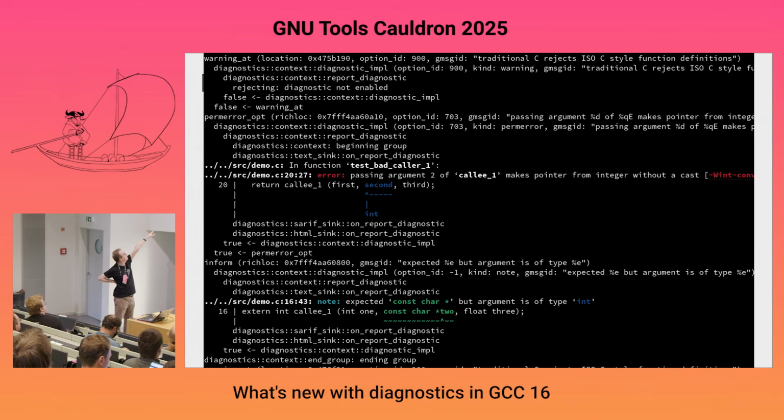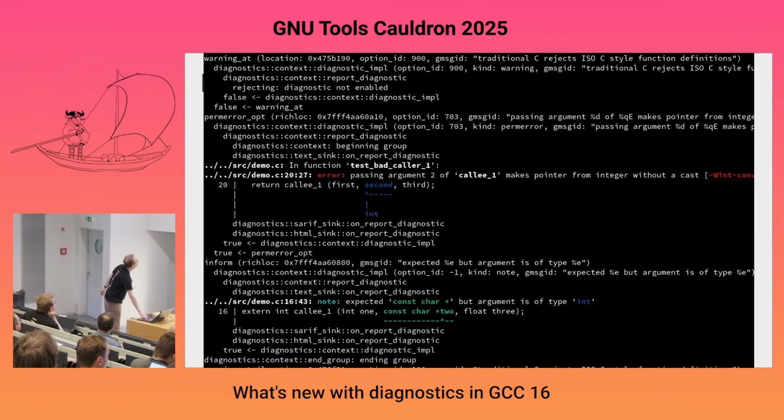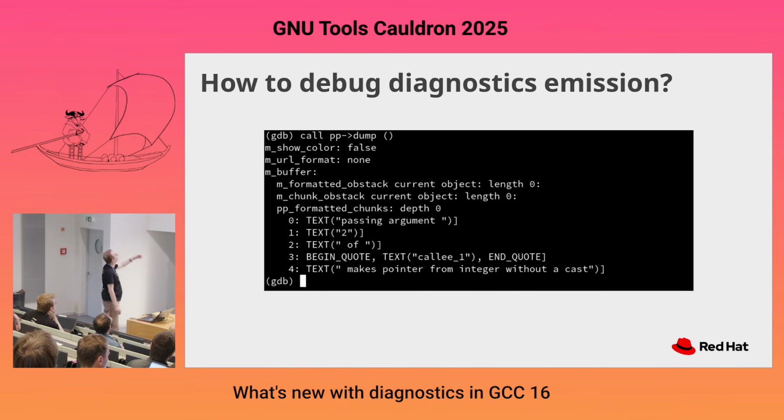It's also reporting to a SARIF sink and an HTML sink, which you don't know about from here, but it's also writing out other stuff. And potentially it could be sending stuff to that socket thing for the IDE.